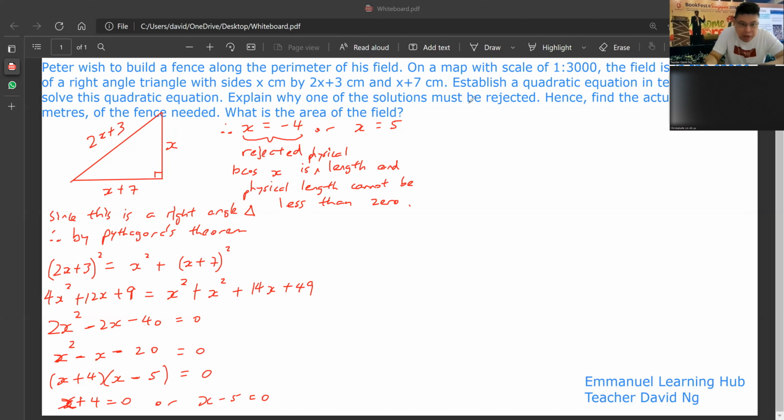Hence, find the actual length of the fence required.